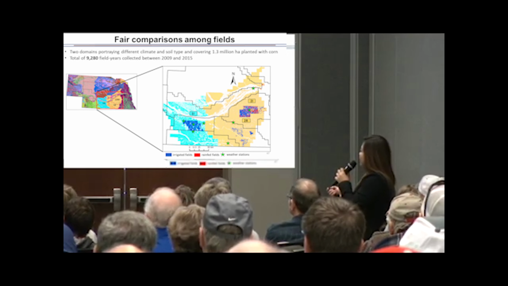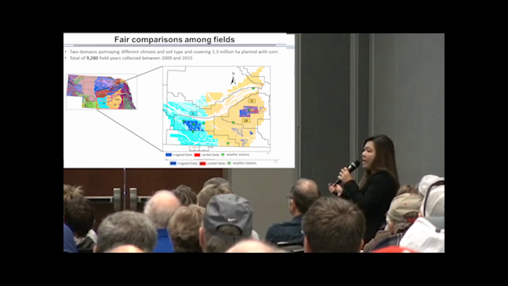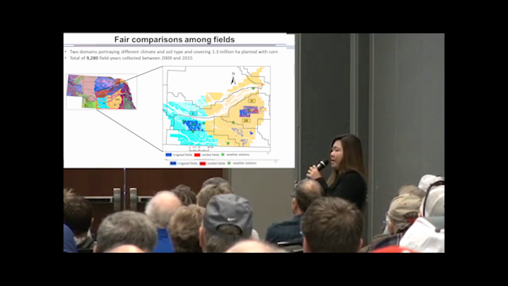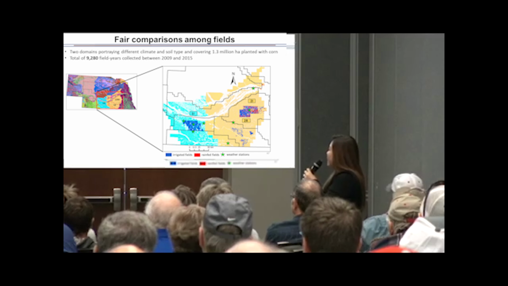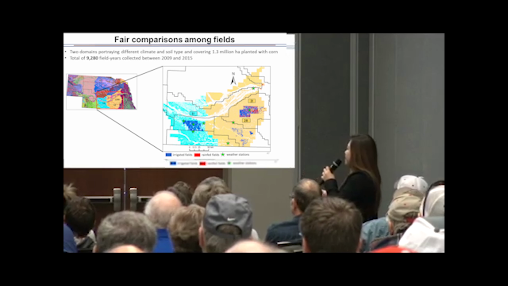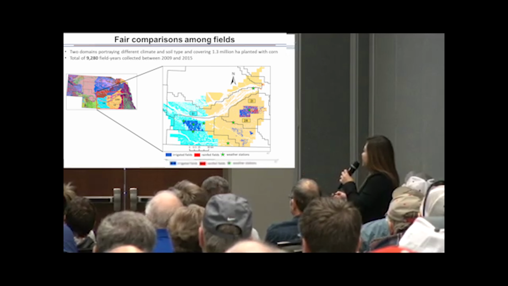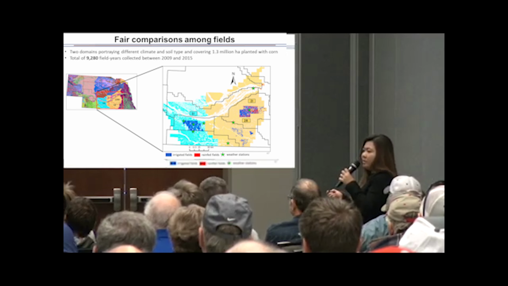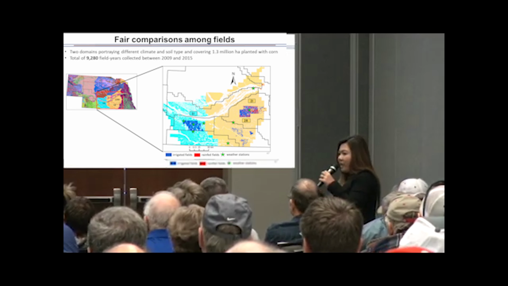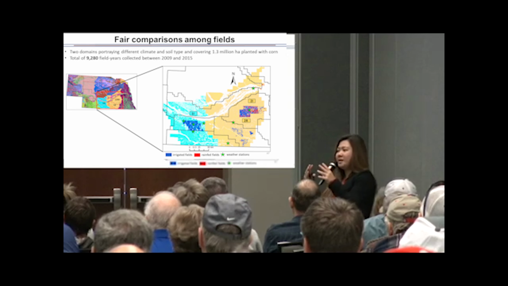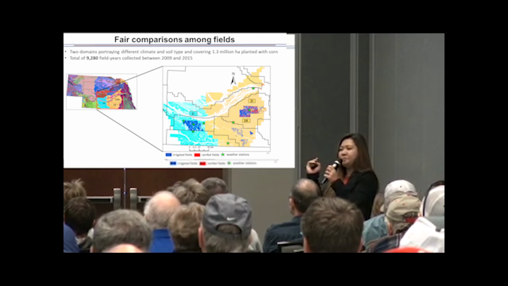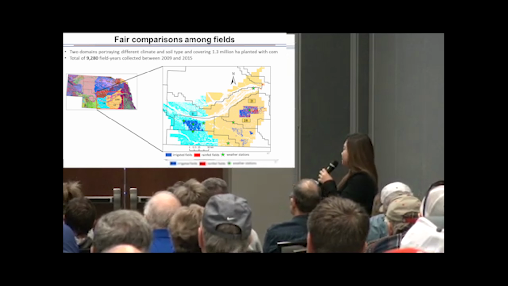And this covers around 1.3 million hectares of US maize harvested area. So here you can see I've used data from Tri-Basin, Lower Platte North, Little Blue, and Upper Big Blue. So I think most of your fields, you could see it from the data that I'll be showing later.